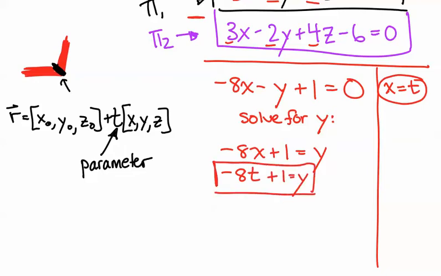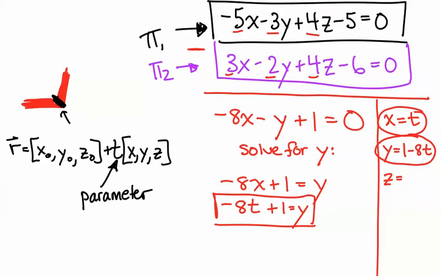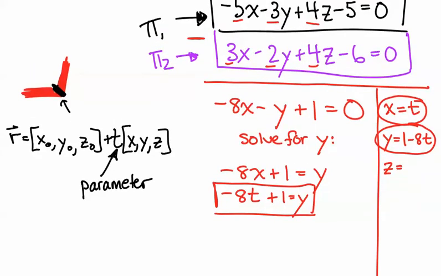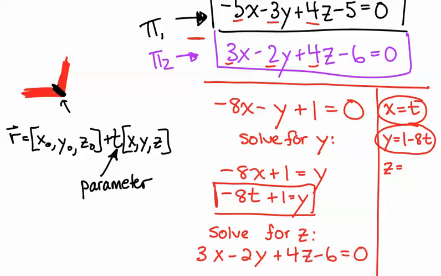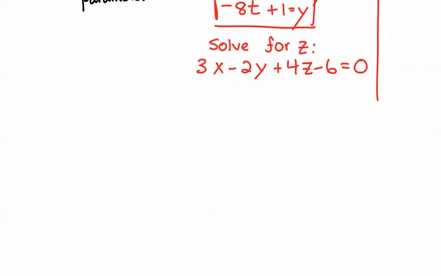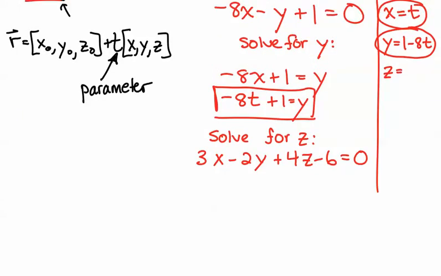Cool, so I just solved for y. I got x equals t, and y equals 1 minus 8t, if I rearrange that. So I got two equations, and now I just need to know what z equals. So I'm going to take one of my equations from up here, I'll just take the purple one, and solve for z. So I've got 3x minus 2y plus 4z minus 6 equals 0. I'm going to isolate z.